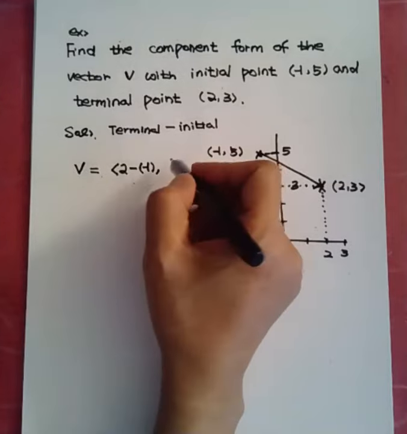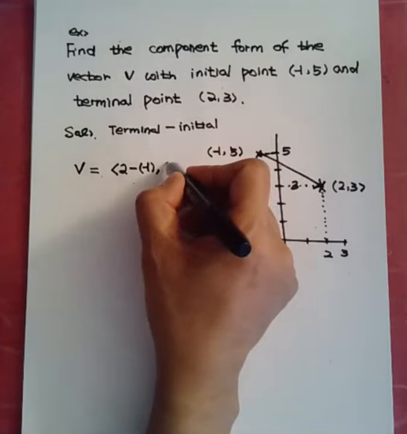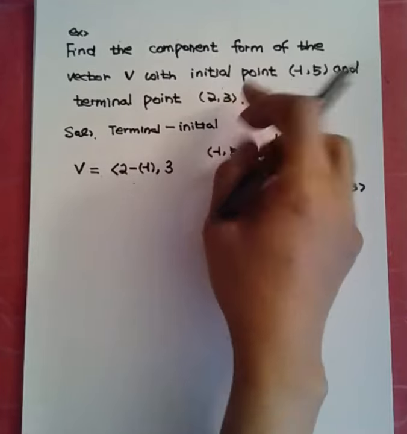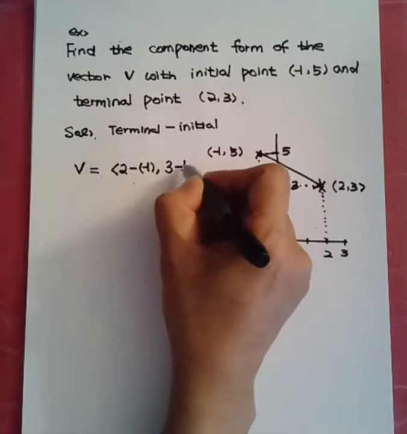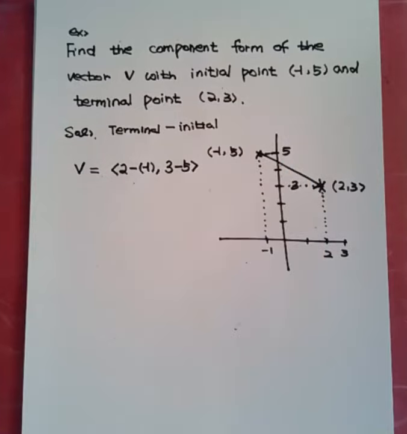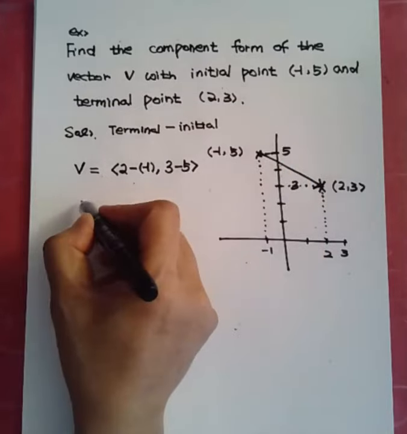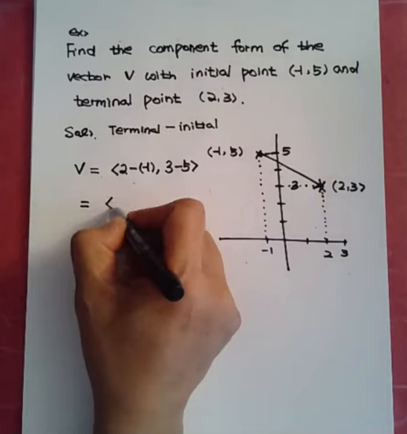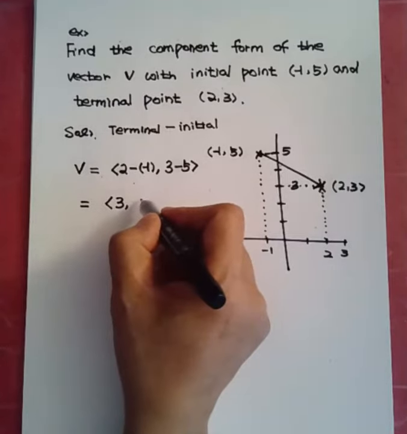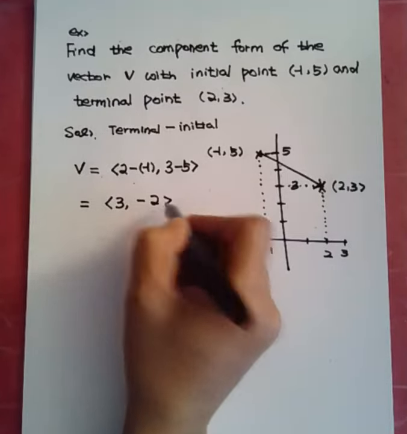And then again, the terminal point 3 minus the initial point, which is 5. So that'll be 3 and minus 2.